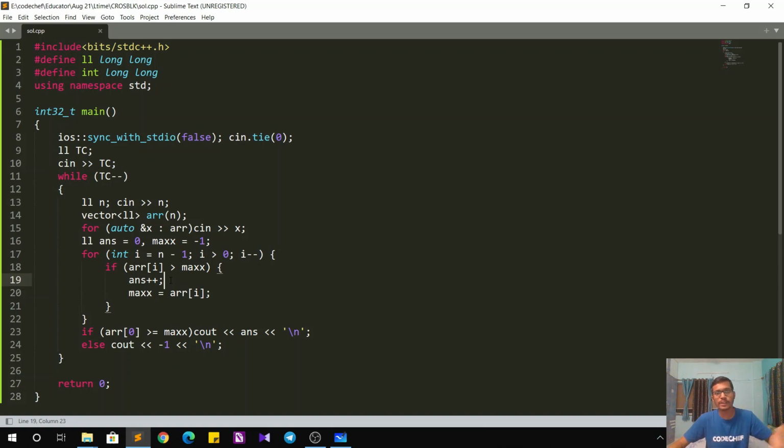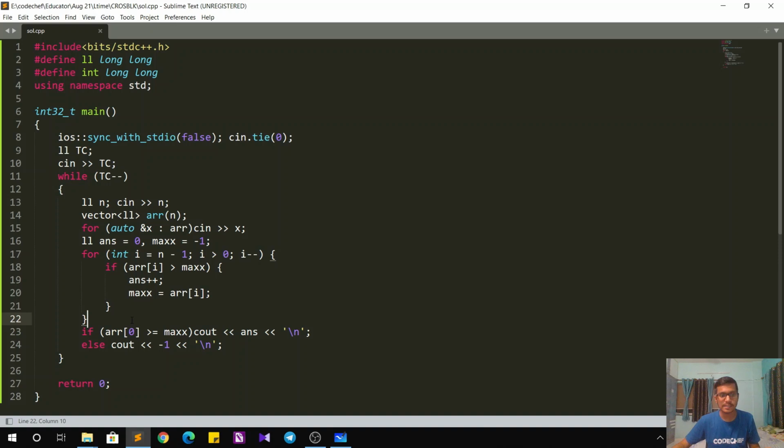And I keep on doing this, and in the end, when I reach the very first position, I just check if the starting element, the first block ARR of 0, is greater than or equal to the current value of max. If that is the case, it means that ARR of 0, the height of the first block, is the maximum among all the given heights.